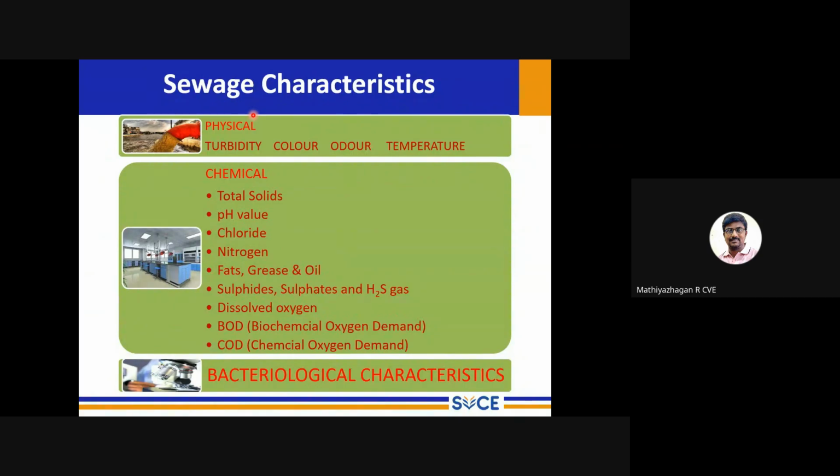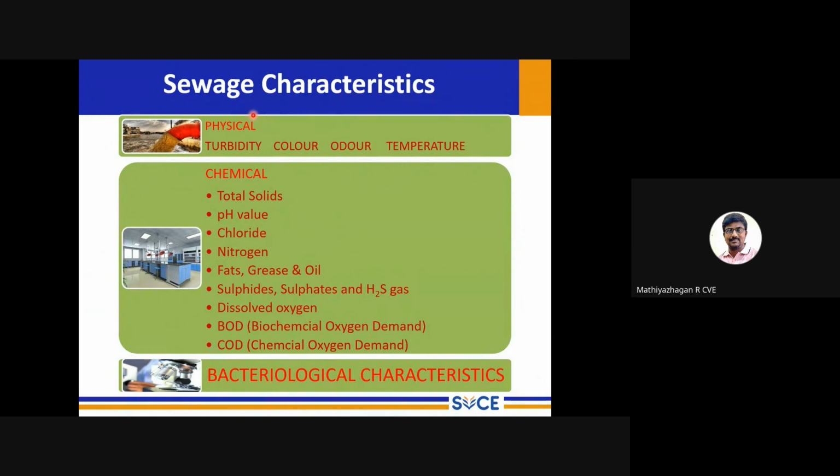In the same way, before disposing of the sewage or wastewater from domestic use, we should treat it. For the selection of a particular type of treatment method, we need to know the exact characteristics of the sewage.